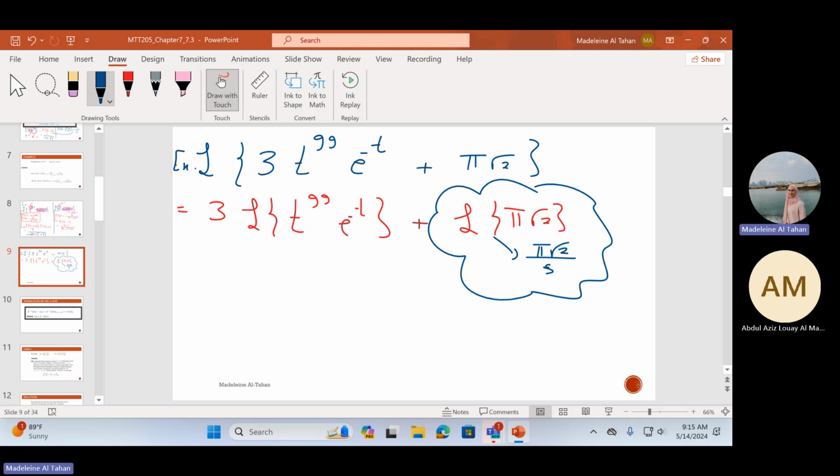Now the second one, let's analyze it. What's our a and what's our f? So a is -1 and our f of t is t^99.